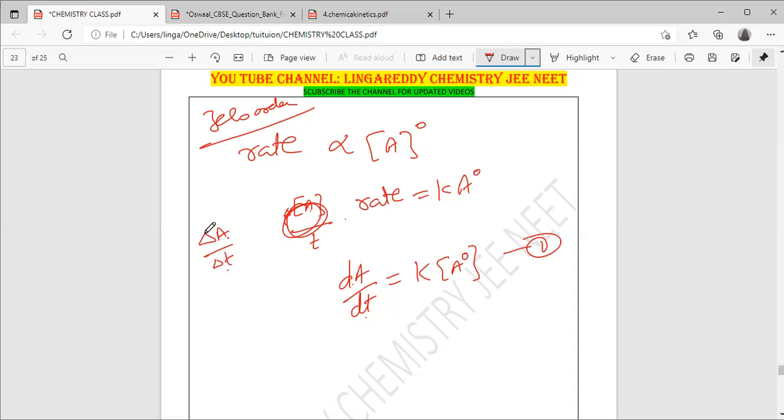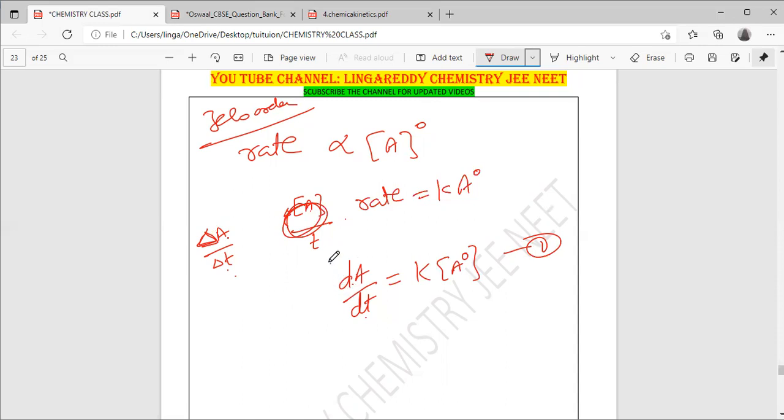How much time is it taking? Per 5 seconds or per 10 seconds or 1 minute, whatever the time. Rate means what? Concentration change per time. That is the rate. Okay, now this is the first small change.